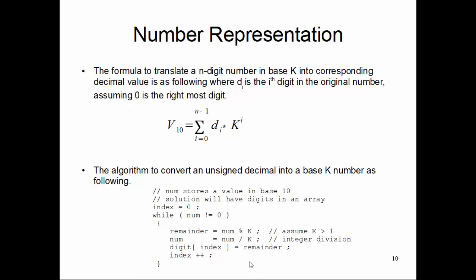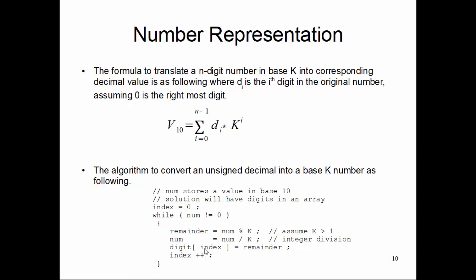The last but not least trick is this. Remember, we started from a higher value and the number is diminishing lower and lower, with remainders being pushed in from index 0, 1, 2, 3, 4, etc. Now, when we write down the corresponding digits from this array, we go in reverse order. We go from the n minus 1 location down to 0 and write it from left to right.